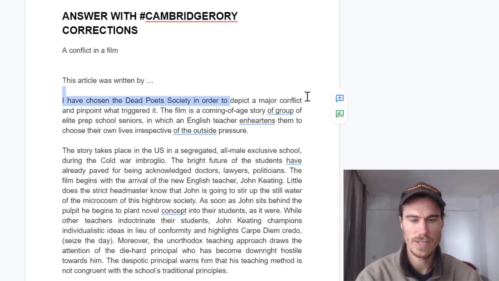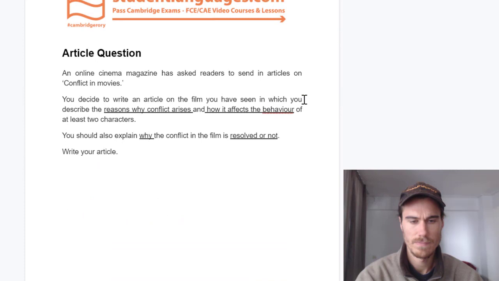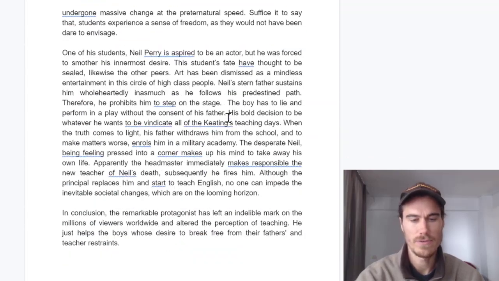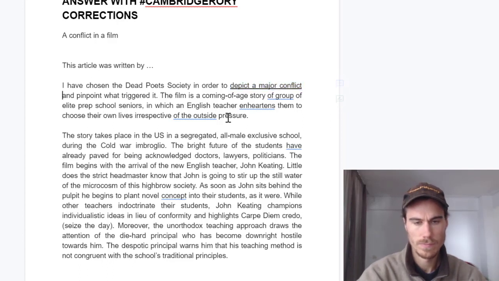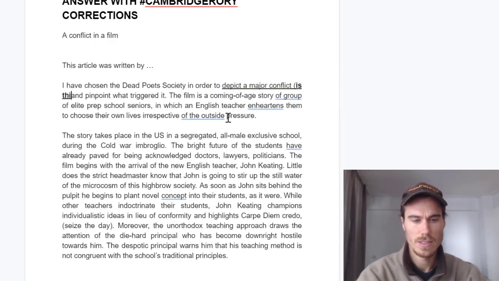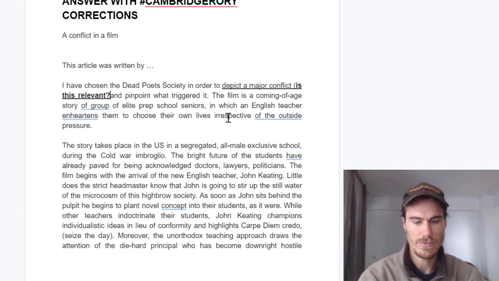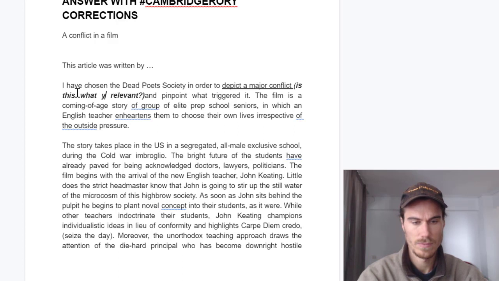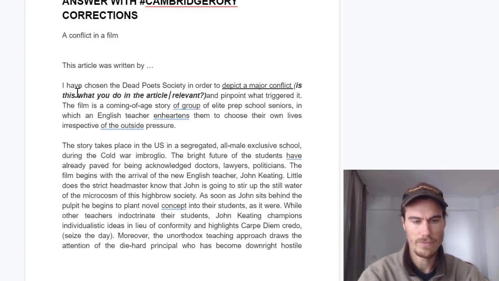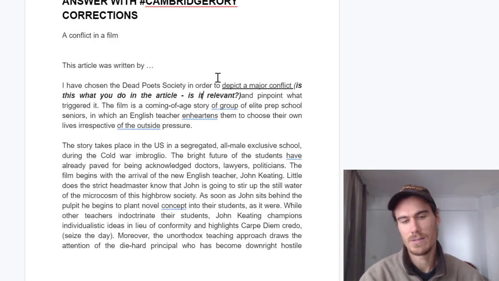To depict a major conflict is to explain this conflict, which isn't necessarily asked in the question, but let's see if you actually do that or not. Is this relevant? Is this what you do in the rest of the article? And therefore, is it relevant to the question?